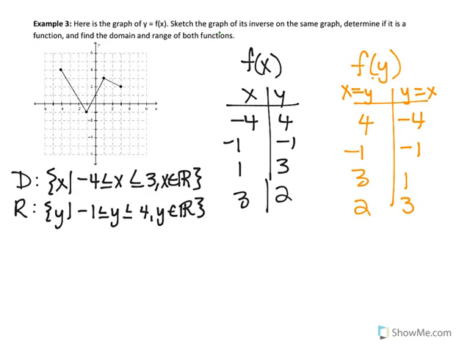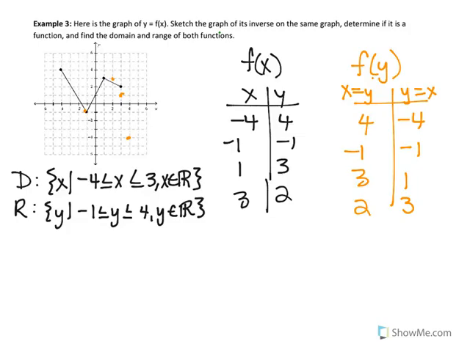So now we can plot these at 4 and -4, -1 and -1, 3 and 1, and 2 and 3.